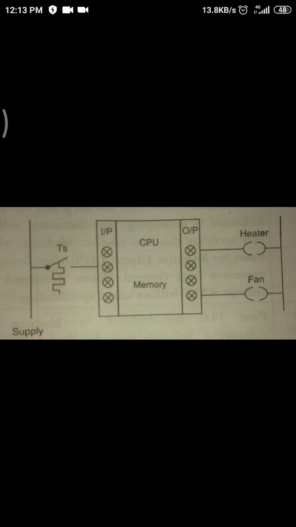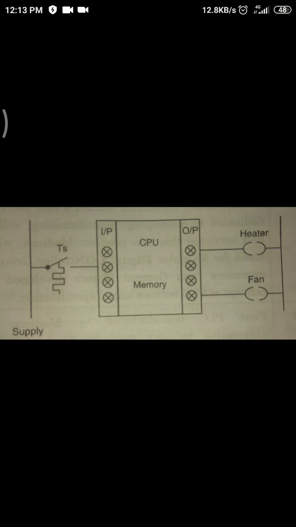So in this way the PLC normally works. How has the PLC evolved in automation? Initially the use of PLC started in the late 60s. The first PLC was designed by Allen Bradley, which replaced the relay, which was a mechanical part.